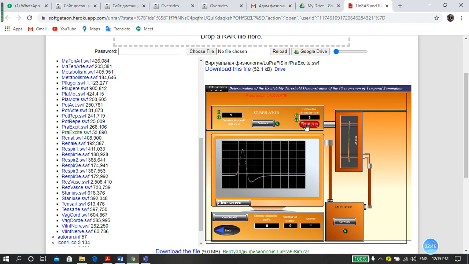Yeah, here 3. And again, I want to determine the threshold. 2.7 no action potential, 2.8 no action potential. This is electrical stimuli. And 2.9 no action potential, and at 3 microvolt we get an action potential. So it means this 3 microvolt is the excitable threshold.